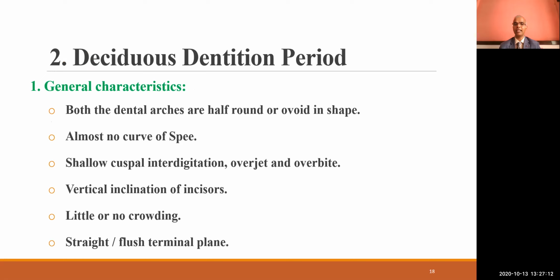There is vertical inclination of incisors, meaning they are more upright, and little or no crowding. The molar relationship is a straight or flush terminal plane relationship, which means the distal surfaces of the second deciduous molars in the upper and lower arches lie in one plane.